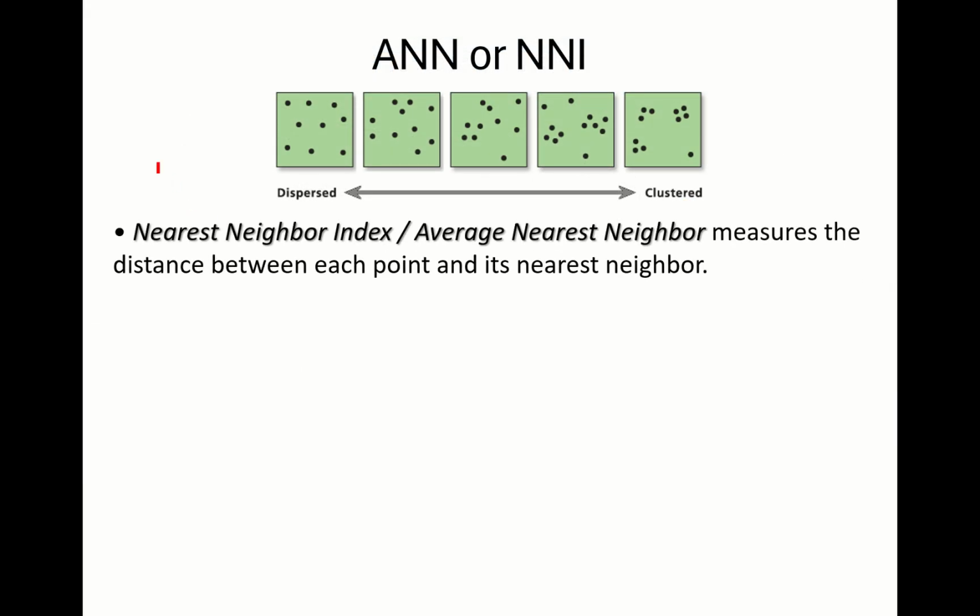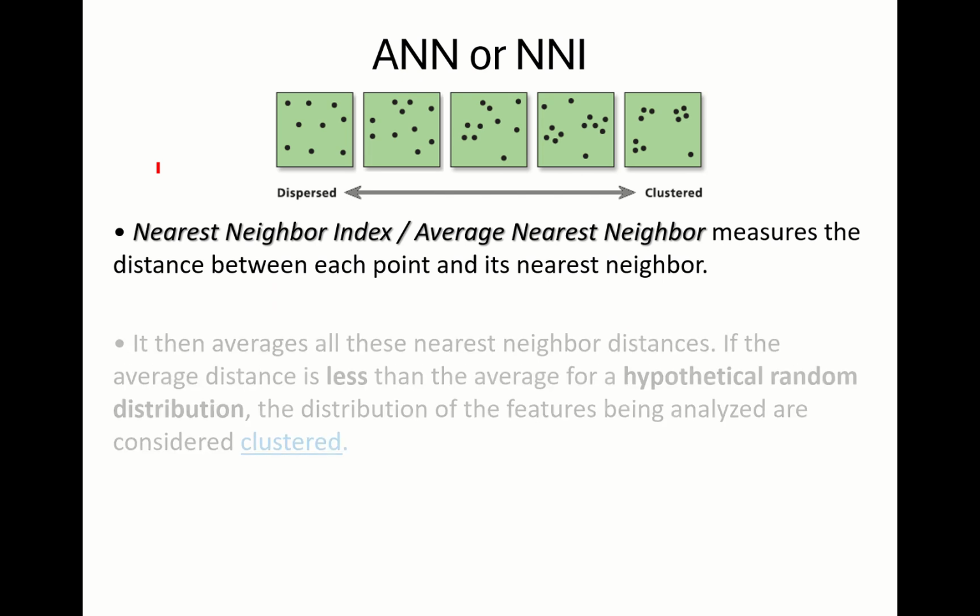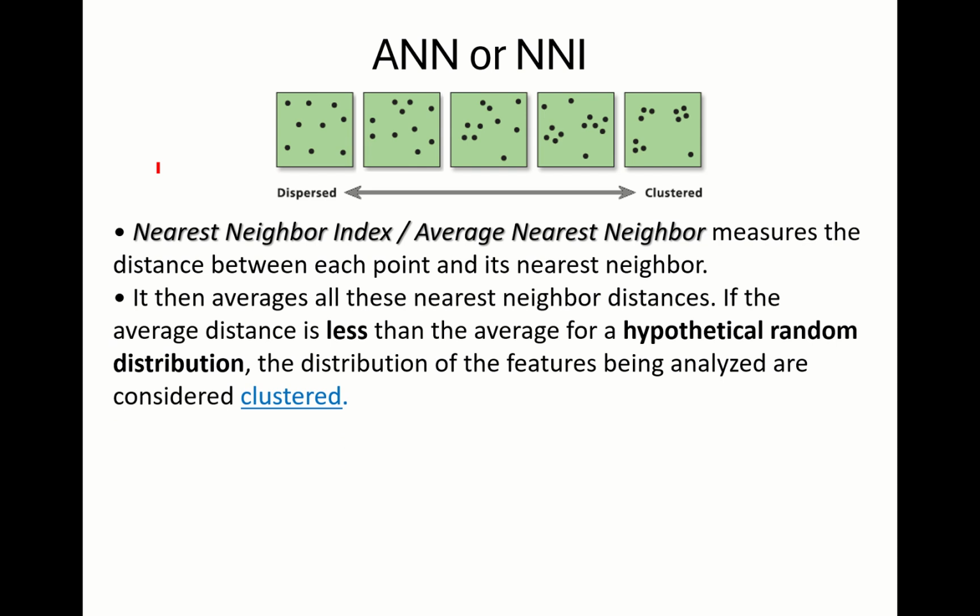So basically the nearest neighbor index, or sometimes called the average nearest neighbor, measures the distance between each point and its nearest neighbor. The index itself is giving us the average distance between the point in question to all the points around it. What it's doing is comparing the observed average distance to all its neighbors compared to a hypothetical random distribution.